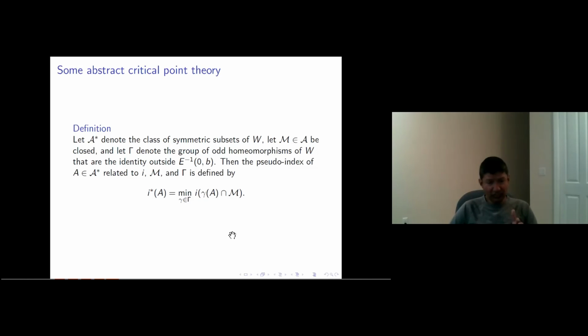Okay, so this is a definition given by Benci, but in Benci's definition, he used the Krasnoselskii genus instead of the cohomological index. But you could do pretty much everything that Benci did with the Krasnoselskii genus by replacing it with the cohomological index.